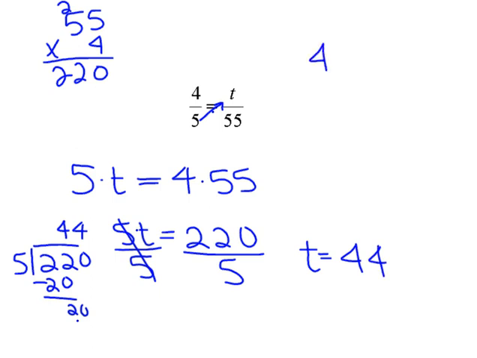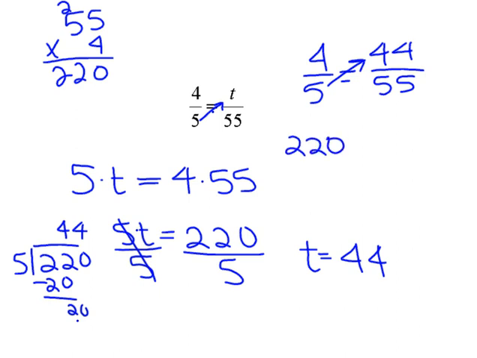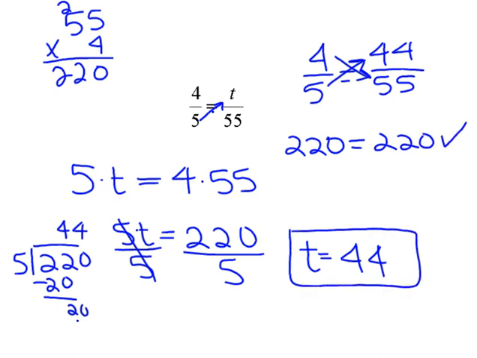So the proportion 4/5 should be equal to the proportion of 44/55. But I need to check my work. 5 times 44 is equal to 220. I already did that math earlier. And then 4 times 55 is also equal to 220, so I know I have the correct answer with t equaling 44.